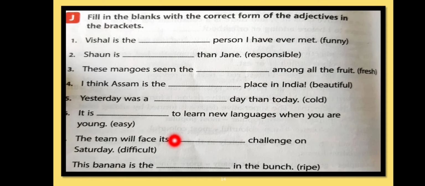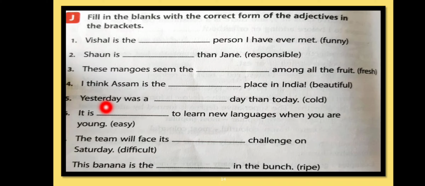The team will face its dash challenge on Saturday. Here also there is no indication like the or than, but see the sentence and you can get it. It is talking about the highest quality, right? The highest quality. So you have to use the superlative form.